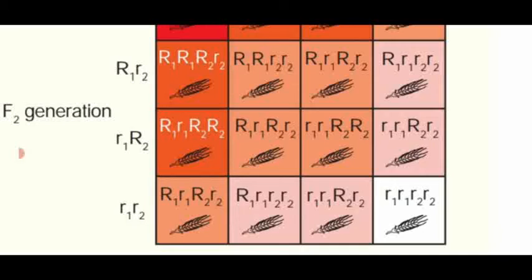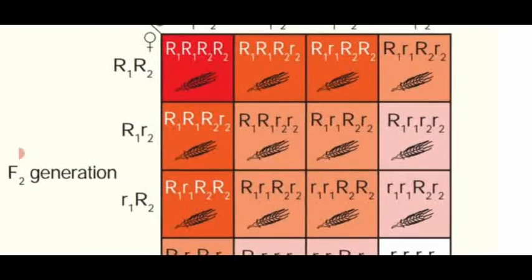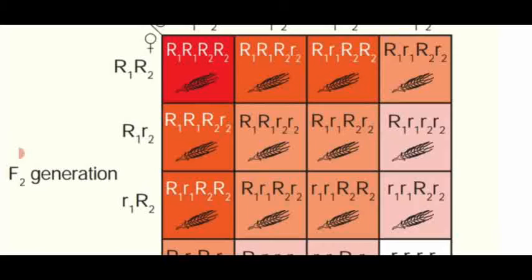That is light red kernel. Then the last only one, which possesses the recessive parental one, is white in color. So 1 dark red in color, 4 medium dark in color, another 4 is the medium red color kernel.